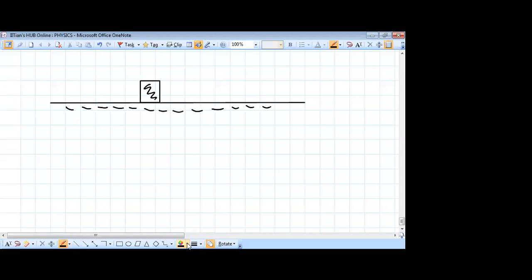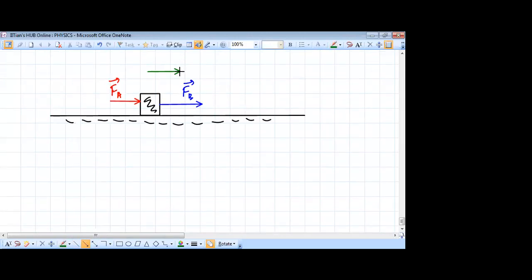So you can represent the force that A is applying with a vector arrow like this. This is the force that A was applying, so we can write that as Fa. And B was pulling it also along the positive x direction. So we can also represent that by another arrow, also along the positive x direction. And that combination is giving the body an acceleration along the positive x direction, which we had written as a.